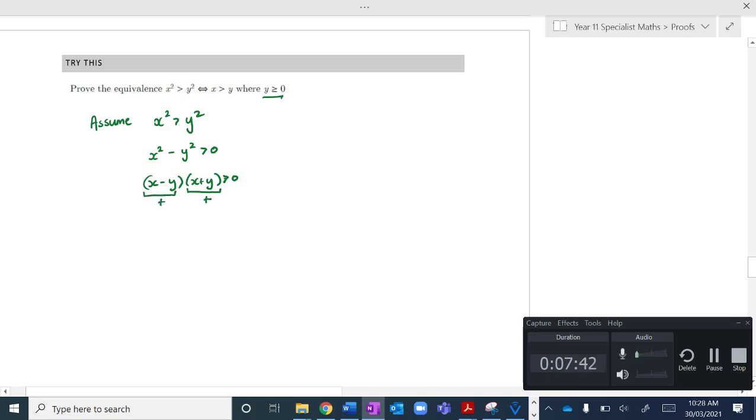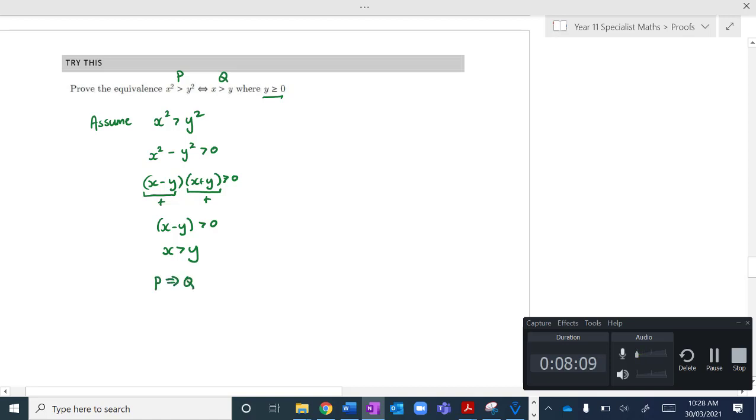That gives us x minus y is greater than 0, which means that x is greater than y. So you can see there that if I call this P and I call this Q, then we've just proven that P implies Q, haven't we?